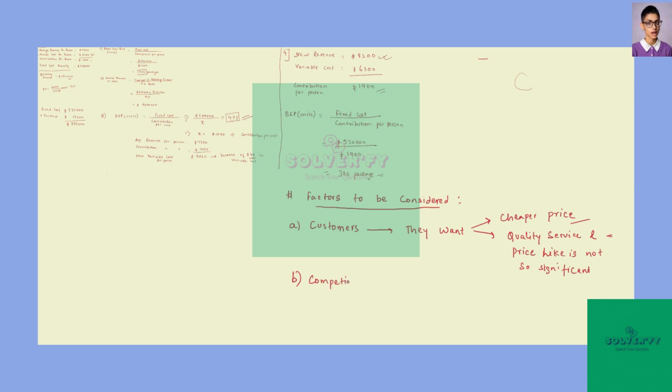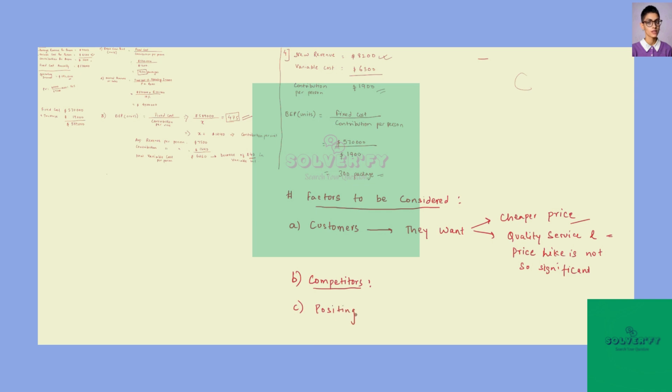The second parameter that we should be considering is our competitors, and this becomes very vital. If the competitors in the market are offering the same services at a lower price than ours, then if we increase our price, we are going to lose our customers to the competitors. So this also is one of the parameters that we need to consider. Now the third is the positioning of our product.